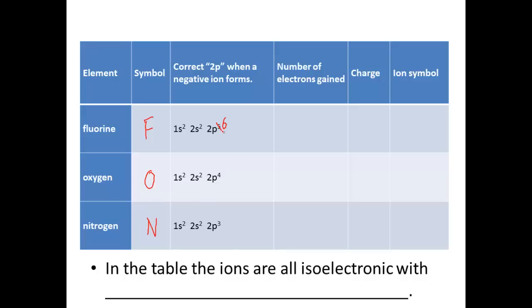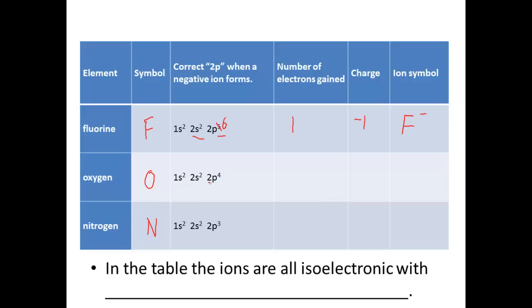It wants to take 1 electron in order to have a full valence, 2s2, 2p6. So if it gains 1 electron, the charge is going to be -1, since an electron has a negative charge. Fluorine with a negative charge is what we're looking at. We don't need to write the number 1 in, it's implied that it's there.